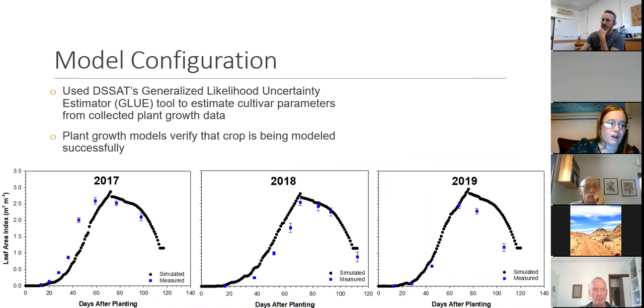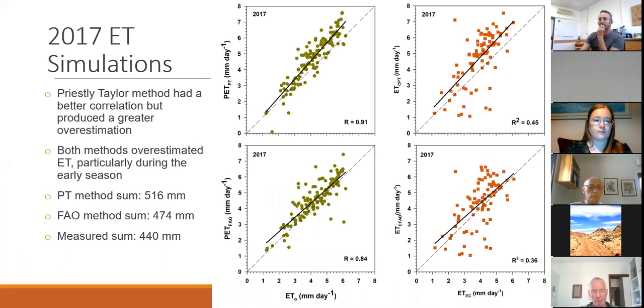Here, I'm showing leaf area index for all 3 years, with the blue squares representing our measured points and the black dots representing our simulated points after we have calibrated using the generalized likelihood uncertainty tool, which just uses our plant growth data to get an idea of what the correct genetic parameters should be.